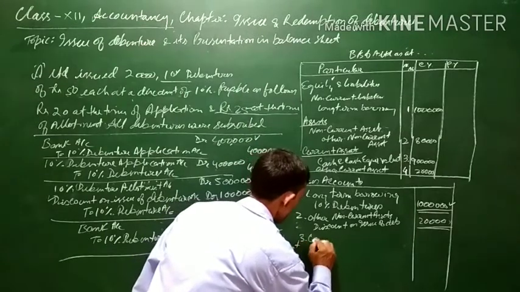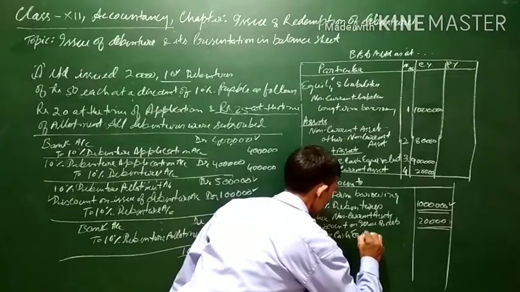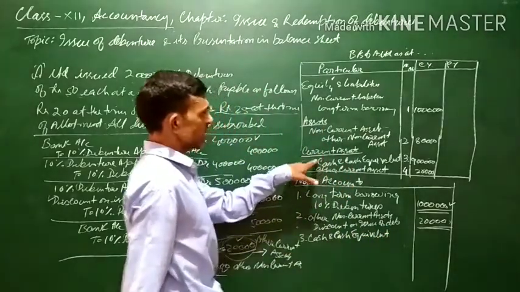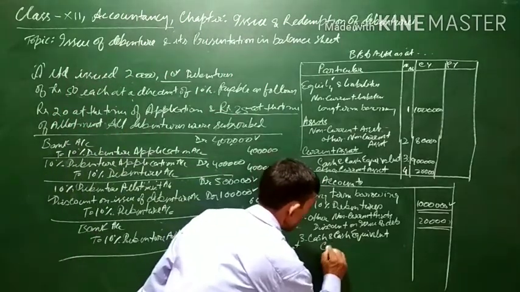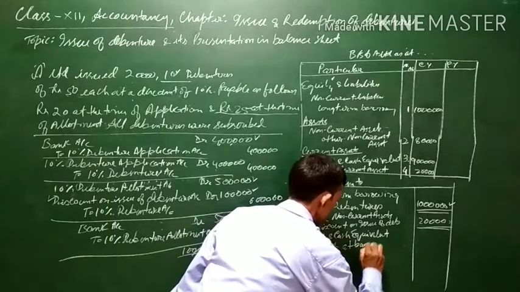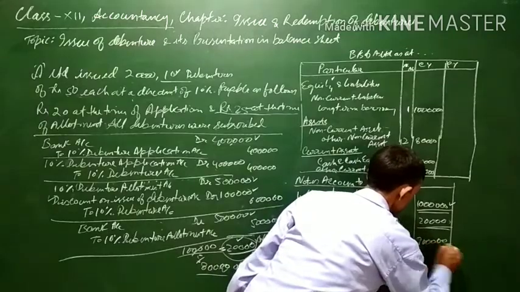Third is cash and cash equivalent, of rupees 9 lakh. And this cash and cash equivalent is actually the cash at bank which is available. So here we will write cash at bank, and the amount is 9 lakh.